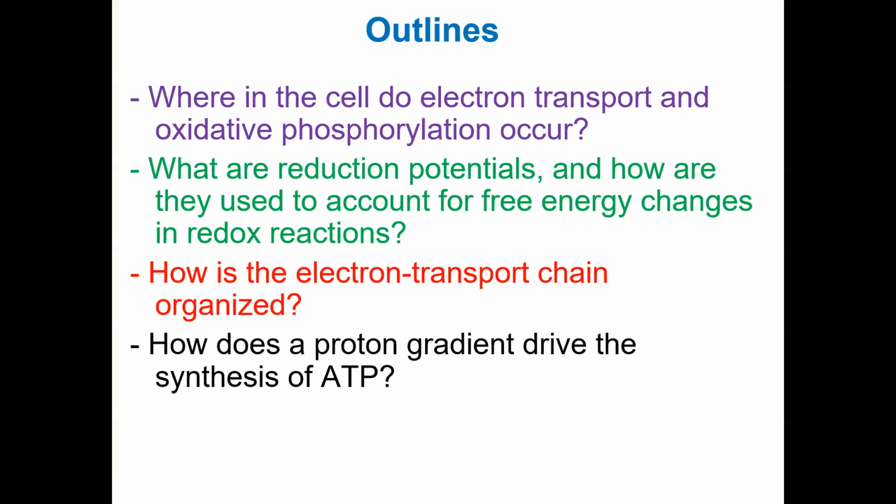Okay, so this is almost taking reduced forms of NAD plus, FAD, FMN, and bringing those electrons to the respiratory chains and producing ATP.